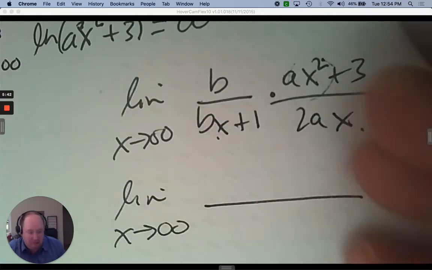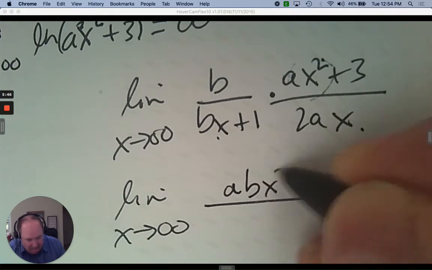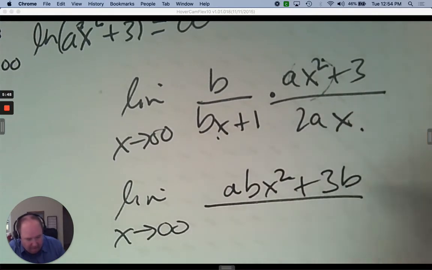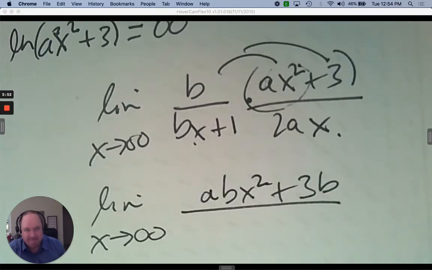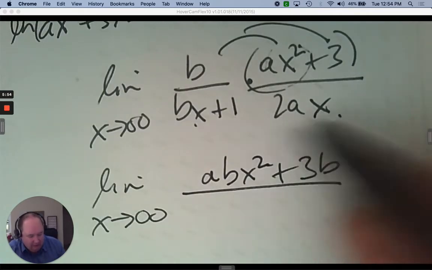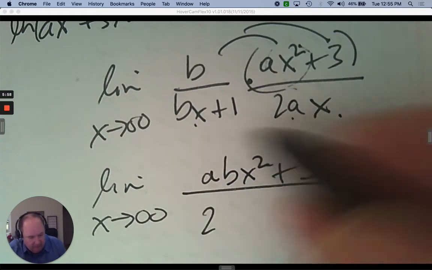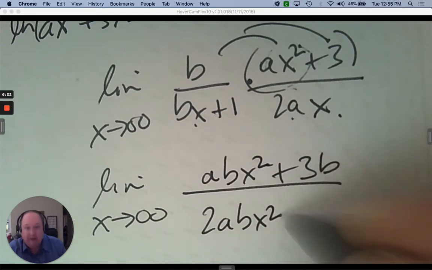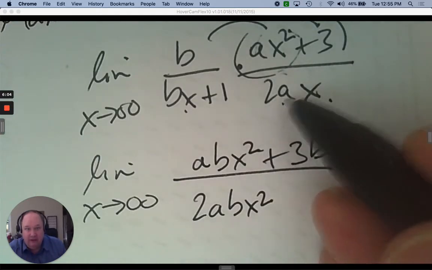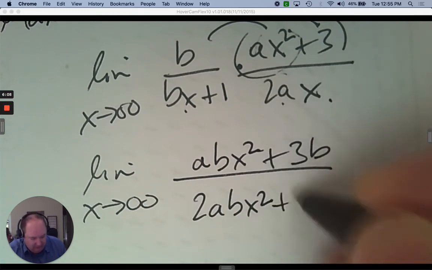So if I multiply this together, I get a times b x squared plus 3b. Remember, I'm just distributing, right? And then same thing here. I'm going to distribute the 2ax with the bx. So that's 2ab x squared. And then 2ax times 1 is 2ax.